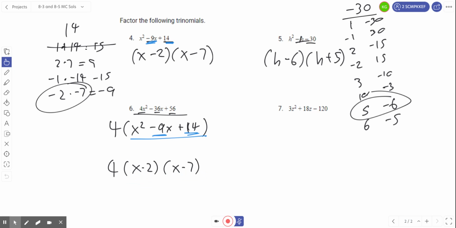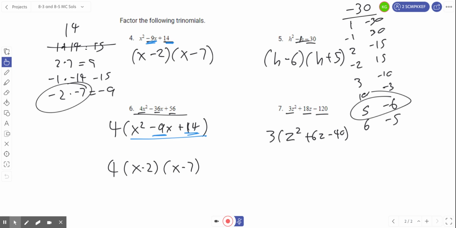All right, number 7. Again, everything here is divisible by 3. So I'm going to divide each of those things by 3 and put the 3 out front. So 3 and z squared plus 6z minus 40. If I multiply that 3 back in, I will get 3z squared, 6 times 3 is 18, and 3 times negative 40 is negative 120.